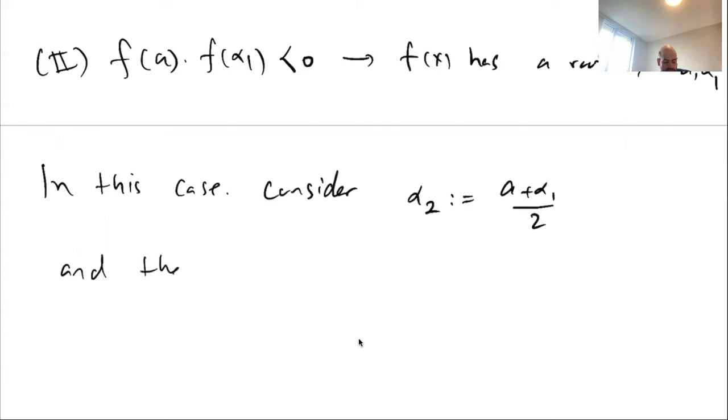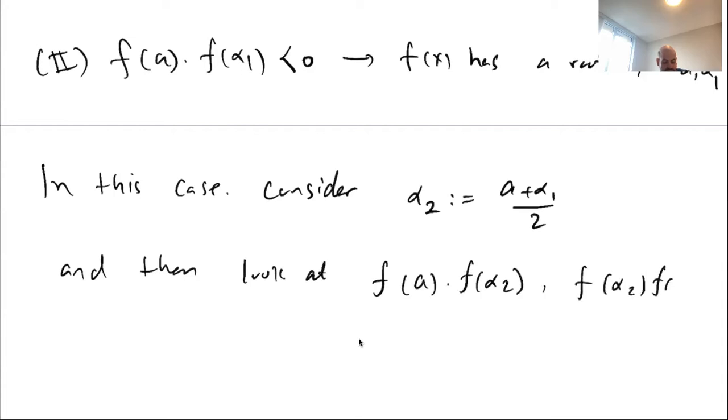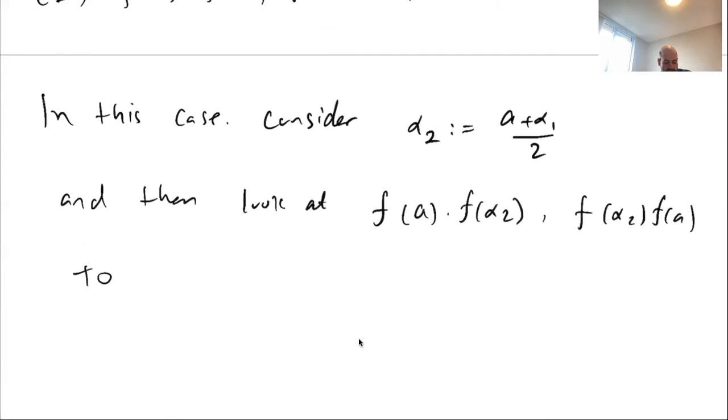And then look at f of a times f of alpha 2 and f of alpha 2 times f of alpha 1, to improve our estimation.